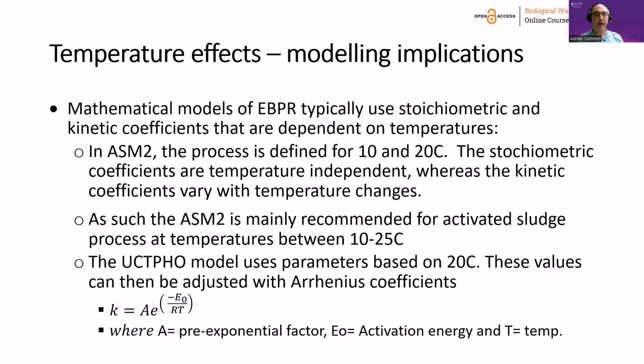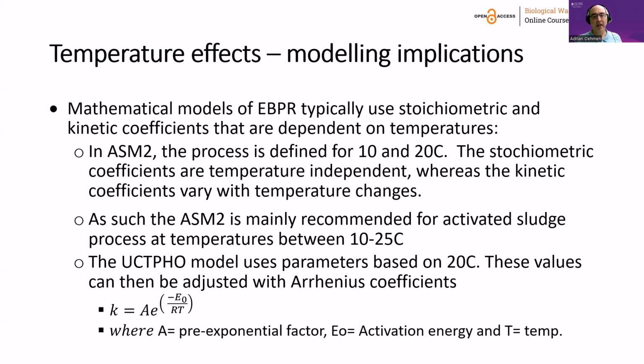And also, the results from these types of temperature studies have been used to provide correction factors within modeling endeavors, basically correcting how much P release or uptake will occur in EBPR.